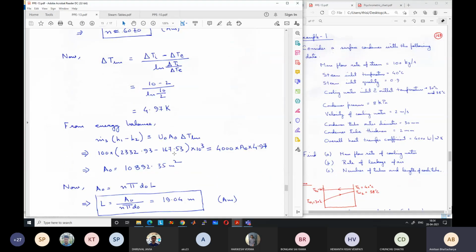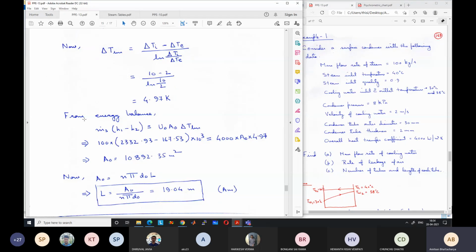Now if we do an energy balance, the mass flow rate of steam into the enthalpy change of steam, H1 minus H2, is equal to the energy transfer through the area of the tube, which is equal to U0, the overall heat transfer coefficient, into A0, the overall area, into the log mean temperature difference, which we have calculated as 4.97.